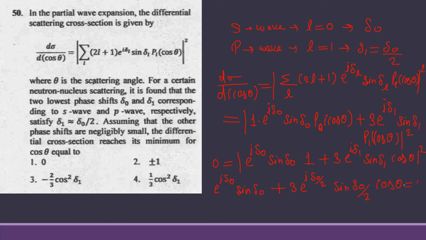Now you have to calculate the value of cos theta. So what you will get? Okay, we will move towards the next slide.